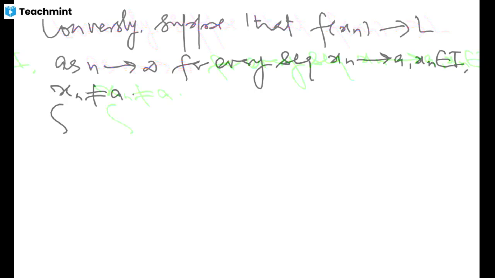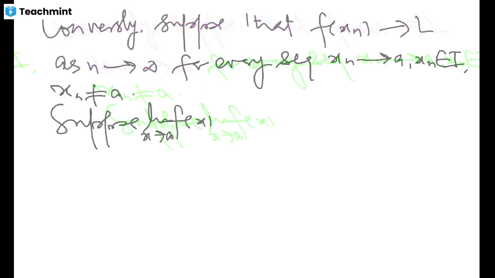Suppose not. Suppose the limit of this function at a does not exist. So what happens then? By the definition of the limit, that means for some choice of epsilon, the definition will not hold.